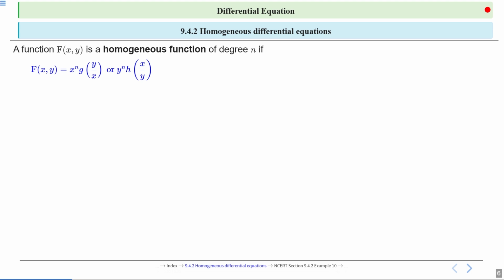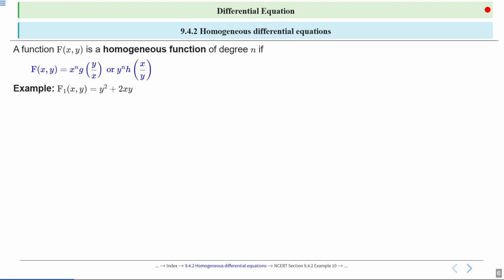So let's suppose there is a function f(x, y). Just take x^n as common, and if you get a function of y by x and we name it as g(y/x), then the function is called a homogeneous function. Or if we take y^n as common, and we get a function in the form of x by y, then the function is called a homogeneous function.